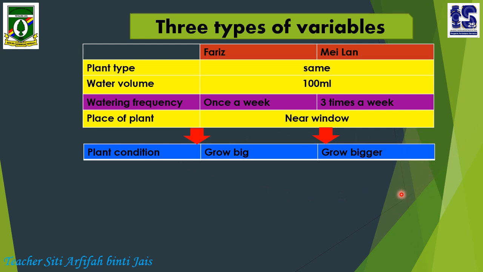In other way, you can measure the height of the plant. Okay, when you measure the height, so the observation is plant height, and you can record the height of the plant using measuring tape, using a specific tools. So this is a quantitative observation.